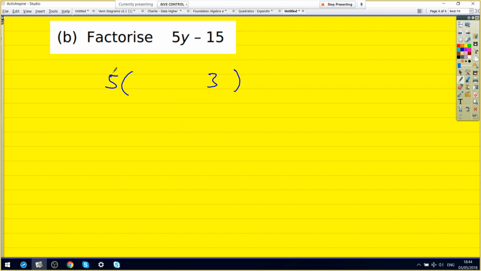No, not 1. 5 times 1 is 5. We need 5y. So 1y. Yeah. What's the sign in the middle? Minus, because it was minus 15. 5 times minus 3 gives minus 15. Any questions about that? No. Okay.